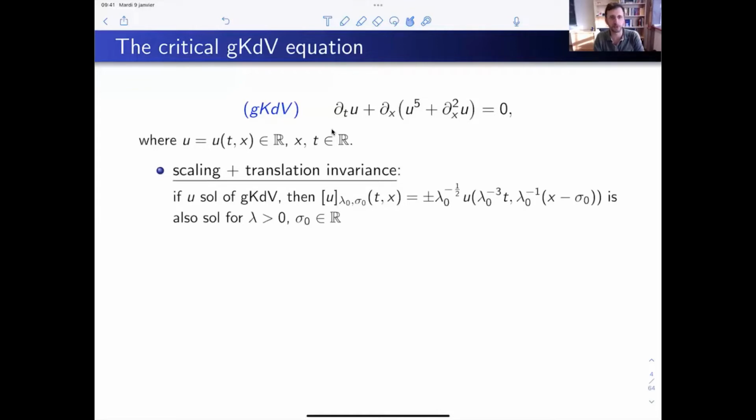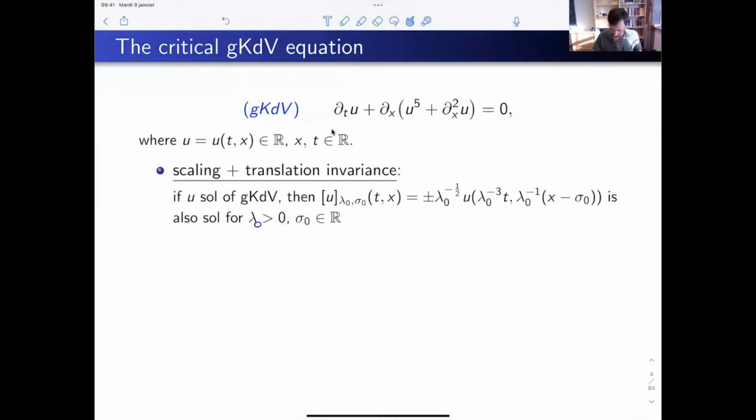It means that if u is a solution of gKdV, then for any lambda naught positive and any sigma naught in R, u_{lambda naught, sigma naught}(t,x), defined by lambda naught to the 1/2 times u(lambda naught cubed t, lambda naught x minus sigma naught), is also a solution.